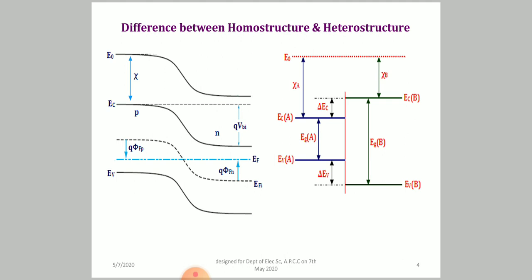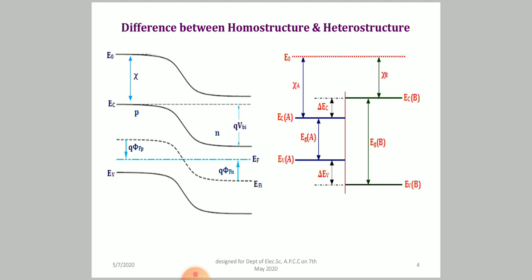But for p type, Fermi level is very close to valence band, and for n type, Fermi level is very close to conduction band. So what will happen?